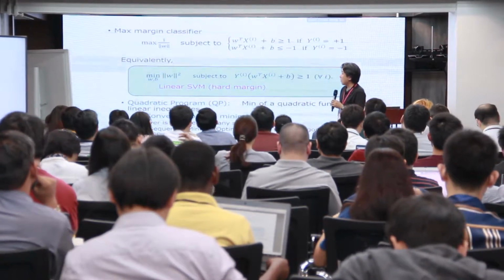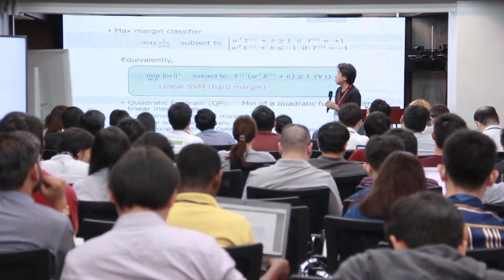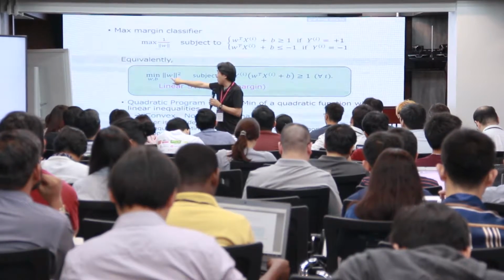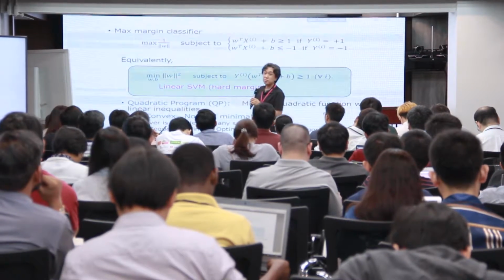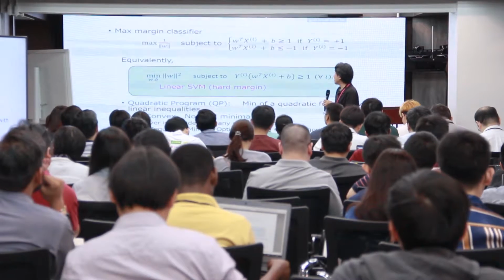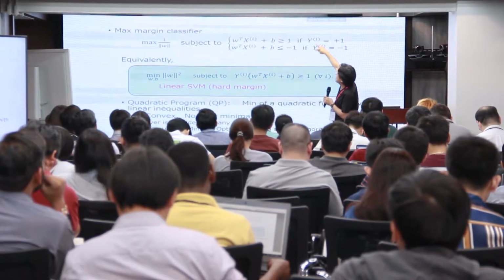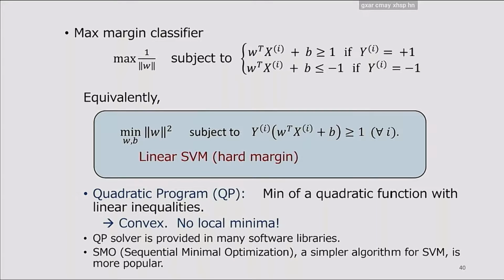So finally, our objective is to minimize the squared norm of W. This is just a quadratic function, and there is a constraint given by these two types of inequality. They must be satisfied for all data points i, where i is the index of the data point.